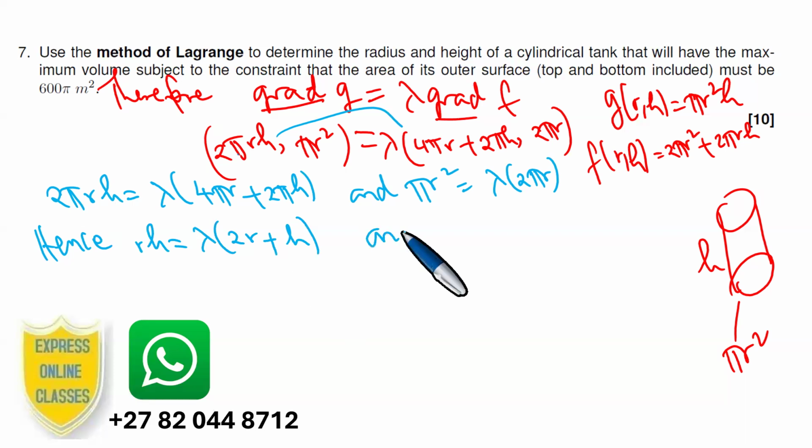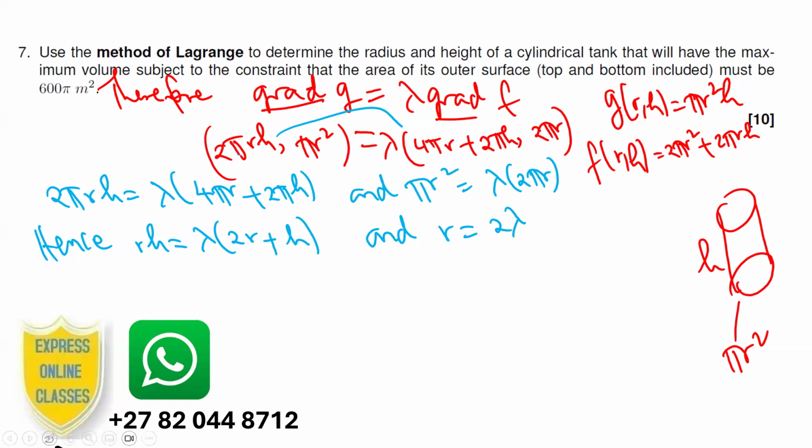And you divide this one by whatever becomes a common factor, pi r, which gives r is equal to 2 lambda. We divide by pi r. This is what we get.